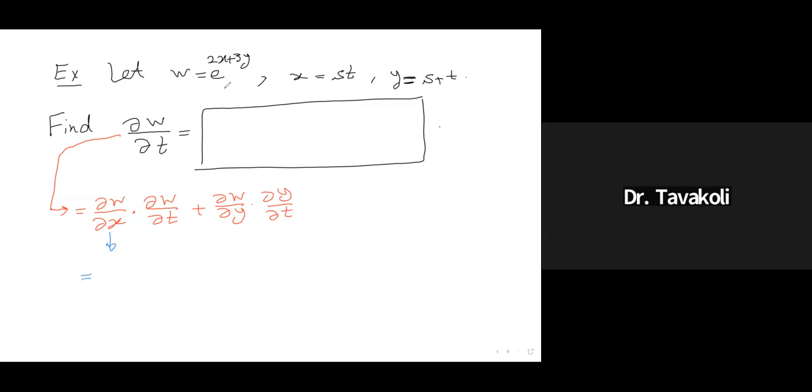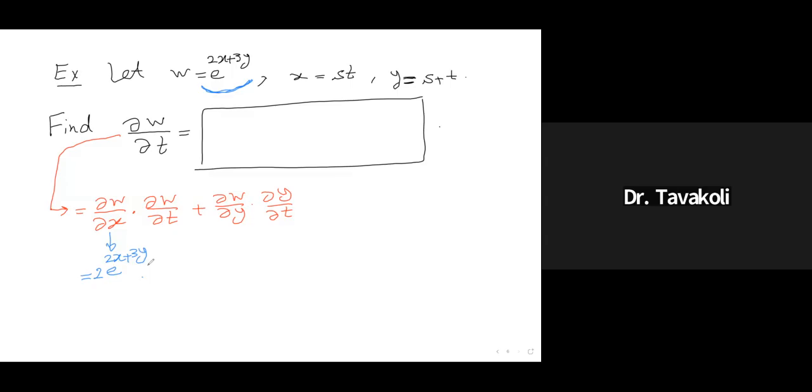I should look at y as a constant, using the chain rule in the sense of calculus 1 that we have learned. You know from calculus 1, the derivative of e to the power of 2x plus 3y with respect to x, dealing with y as a constant, is 2 times e to the power of 2x plus 3y. The chain rule that we use for this part is just calculus 1 chain rule.